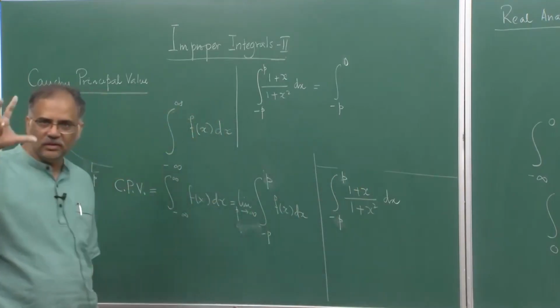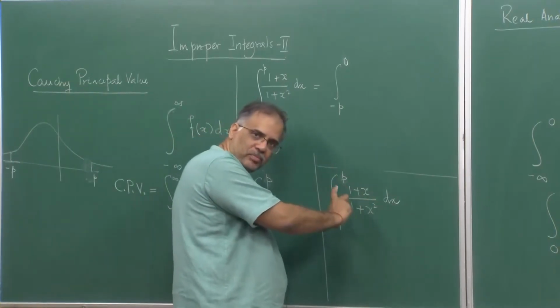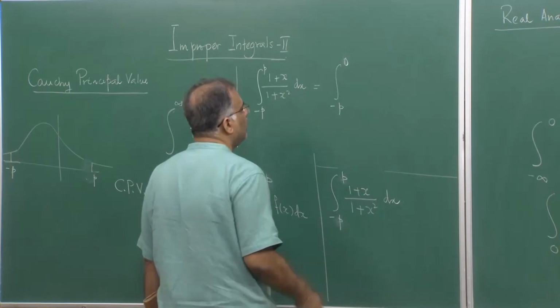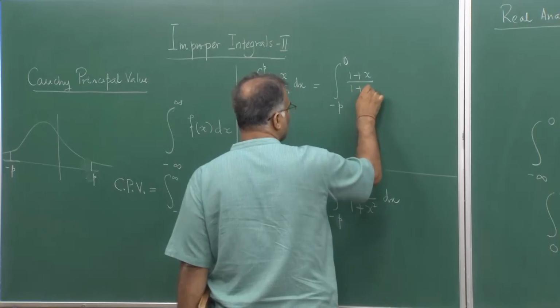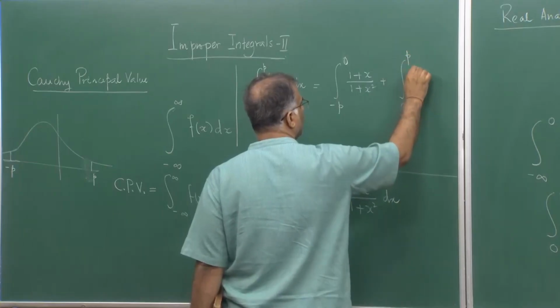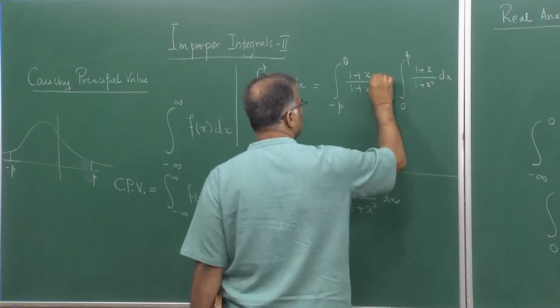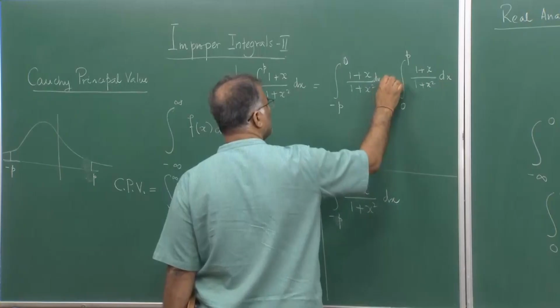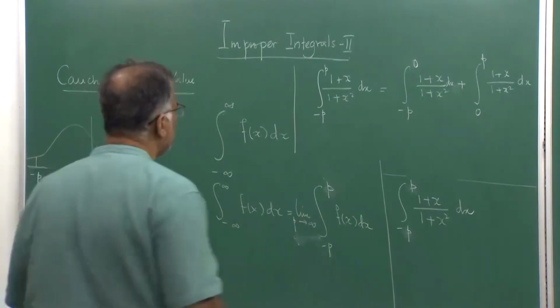Even if it is a finite integral, I can do it separately: minus p to 0, of 1 plus x by 1 plus x square, plus 0 to p of 1 plus x by 1 plus x square dx. What I am trying to do here is to compute each of the separate integrals and see what happens as p goes to infinity.